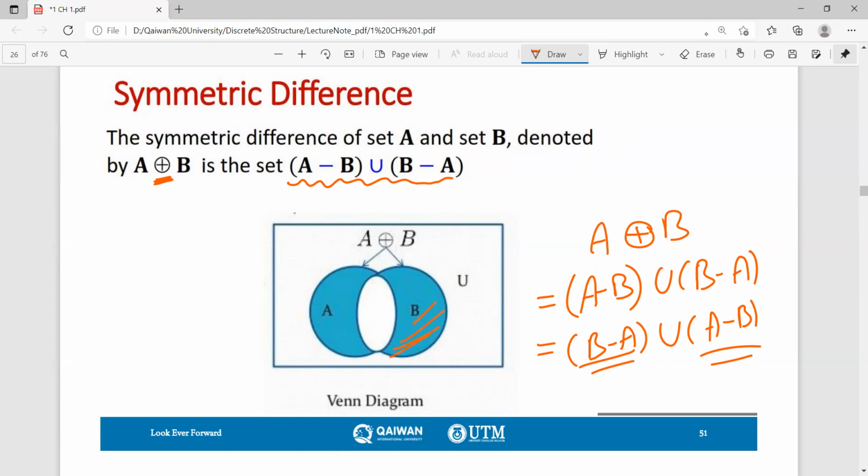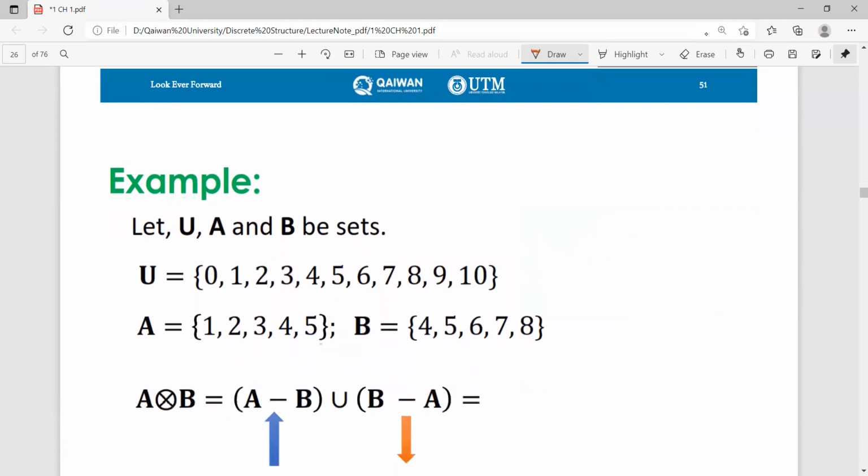This is A difference B or B difference A. A symmetric difference B equals B symmetric difference A. These are equal. Okay, here we have an example.